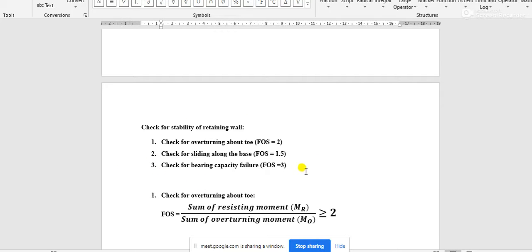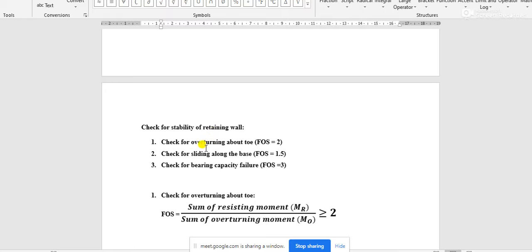But dividing that overall failure, these three kinds of failures are actually part of it. We have to check if our assumed dimensions are right or wrong by checking these.